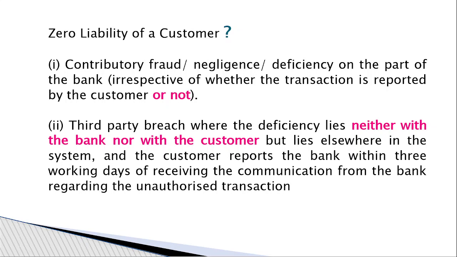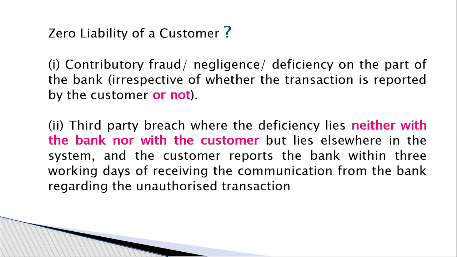So I'll explain the difference between zero liability and limited liability. Contributory fraud, negligence, or deficiency on the part of the bank. For example, a negligence, or a flaw in banking software, or a bug. Because of that, any unauthorized transaction, whether it is reported by the customer or not, there is zero liability for the customer, and the amount will be returned.